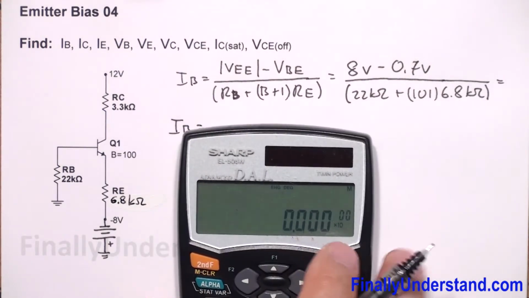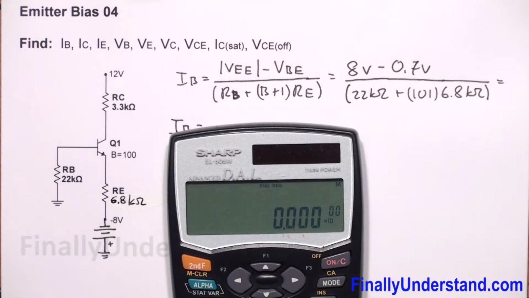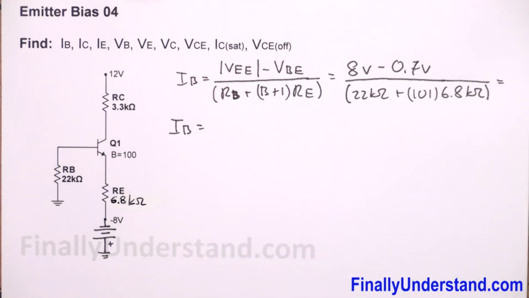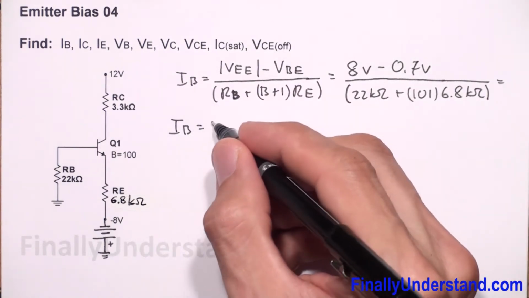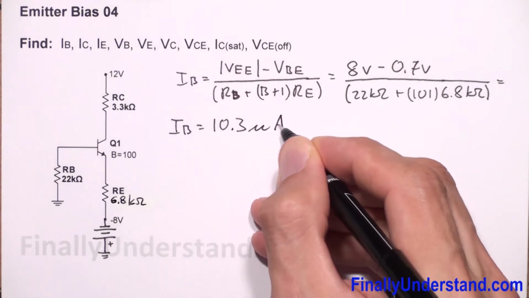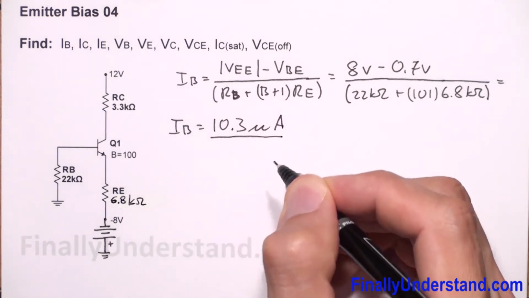Let me use the calculator. I have 8 minus 0.7 divided by, open parenthesis, 22 exponent 3 plus 101 times 6.8 exponent 3, close parenthesis. This is equal to 10.3 microamps. So this is my current IB.